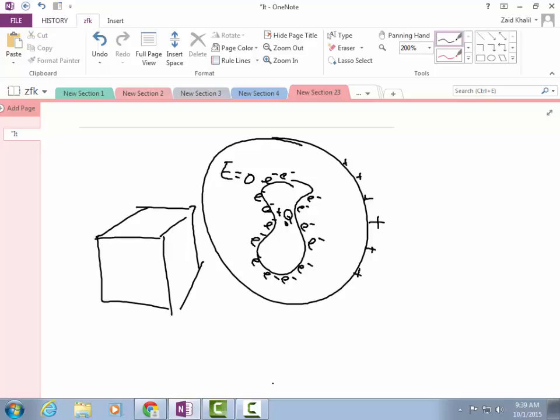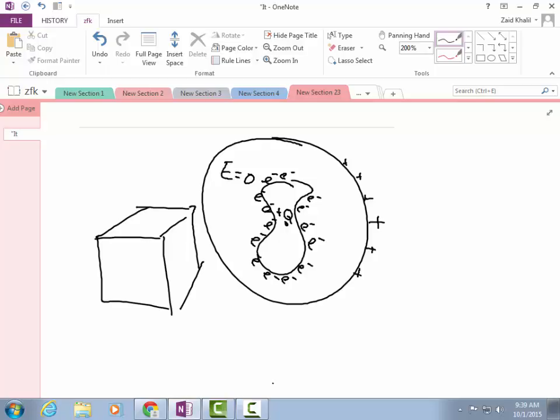I didn't do dipoles. I should probably do dipoles. Like, for instance, you have a dipole. Nowhere is the electric field going to be zero in a dipole on a line.